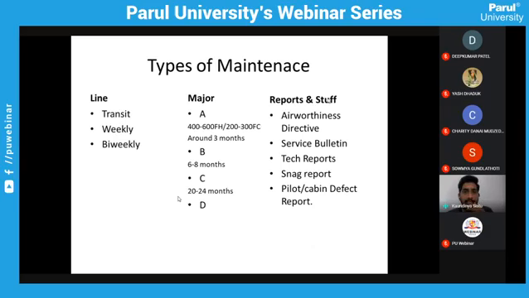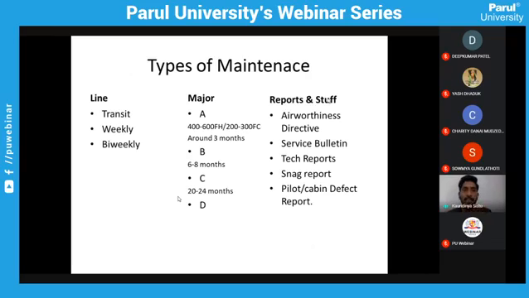As we discussed, these are like ABC checks. Initially, this is just a slide saying what will come under different departments. Line will be dealing with the transit, weekly and bi-weekly checks. Transit is the type of check performed on the aircraft before takeoff, and after coming to the hangar, whatever checks you perform come under transit checks.